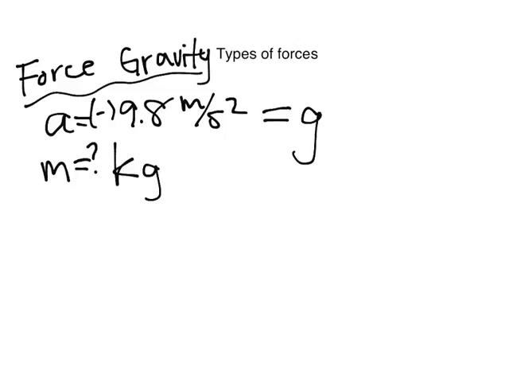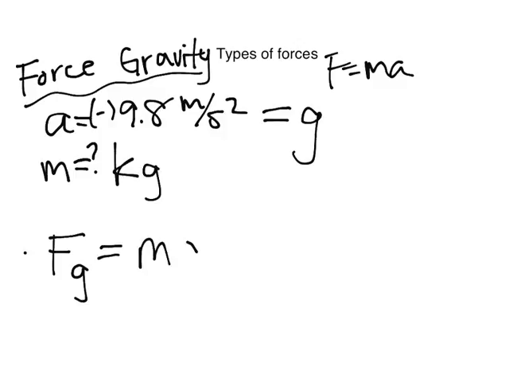So essentially, we know that F equals ma. Gravity is a very simple one. This is how we write the force of gravity: it is equal to the mass of your object times gravity. Just to reiterate, this is mass, and this is your acceleration.